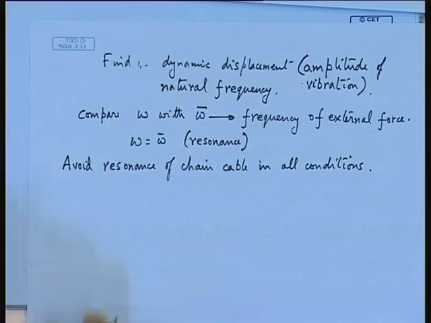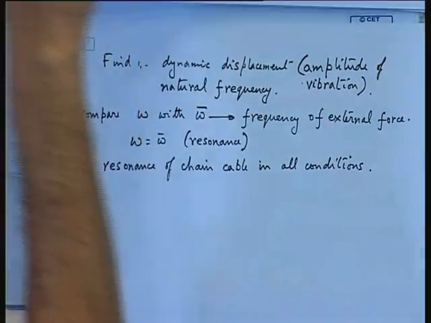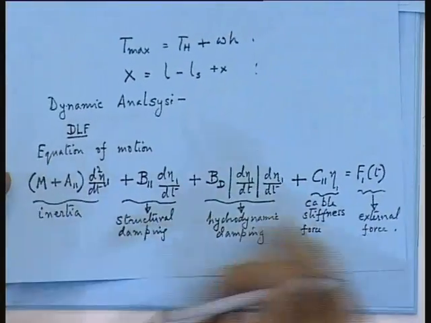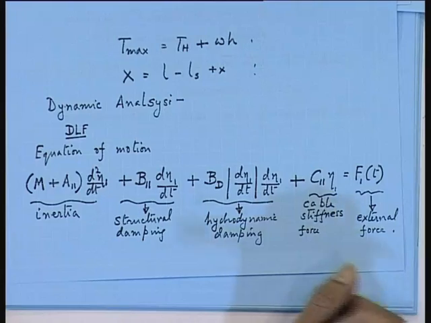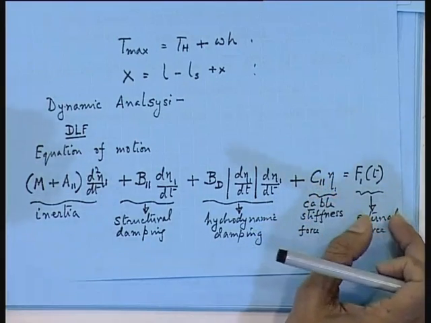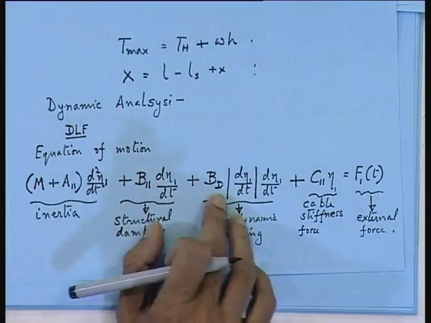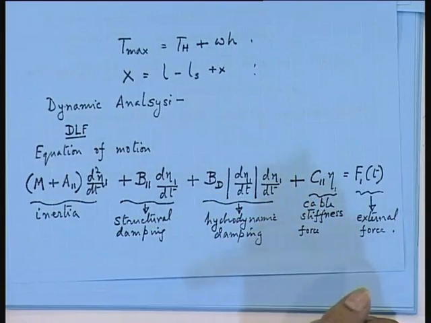And the natural frequency, what is the natural frequency from this equation? So, what was the long equation I had given? Can you find out a natural frequency from this? Vibration you have already done, no? Now, for your simplification, you just put B11 and BD equal to 0. Then what is the natural frequency?